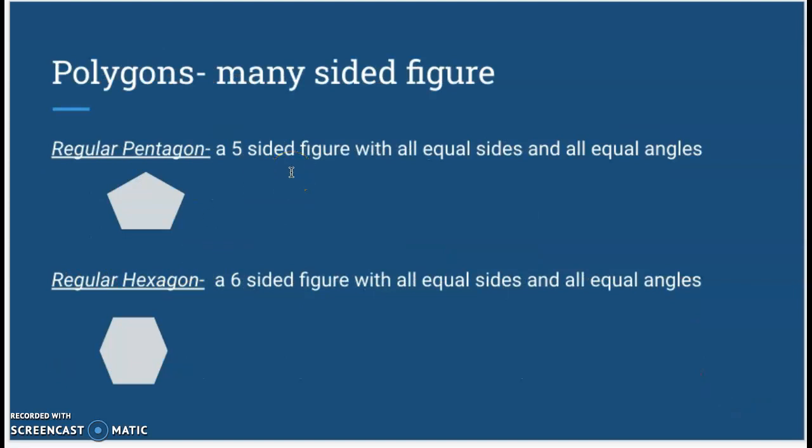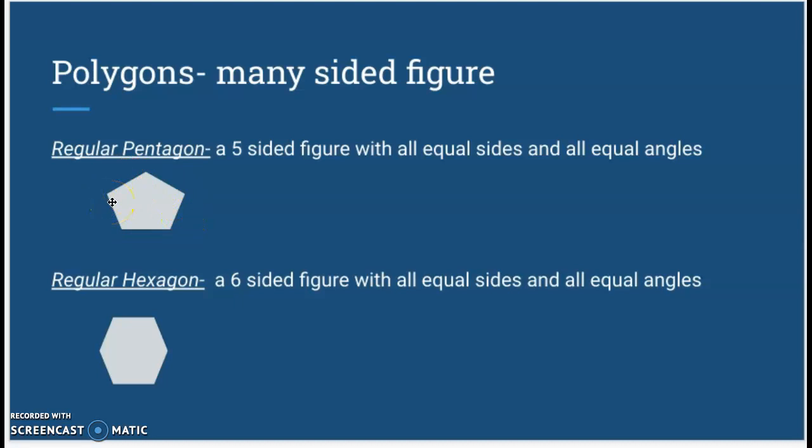The last thing that you have on your paper are some polygons that are regular. Polygon means it's a many-sided figure. Regular, the word regular means everything in it is equal. All of the sides are equal, all of the angles are equal. So in this pentagon, penta means 5. This pentagon has 5 equal sides and 5 equal angles.